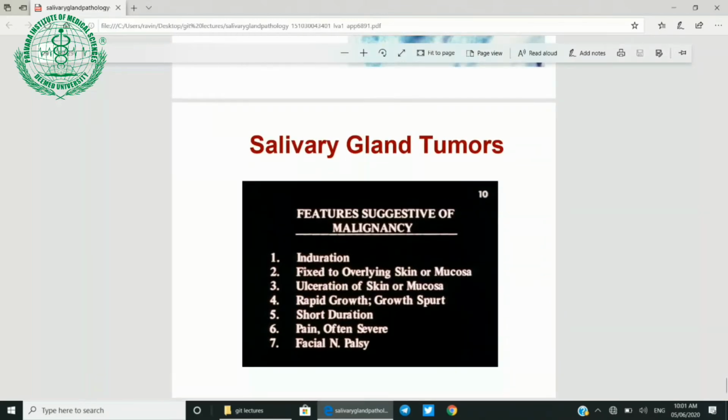When we talk of the features which are clinically suggestive of malignancy, we will find that these tumors are indurated, fixed to the overlying skin or mucosa, ulceration is there, and growth is rapid. The patient will come to you with a history of rapid swelling of short duration, and very severe pain, maybe because of involvement of the nerve, and can come with facial palsy.